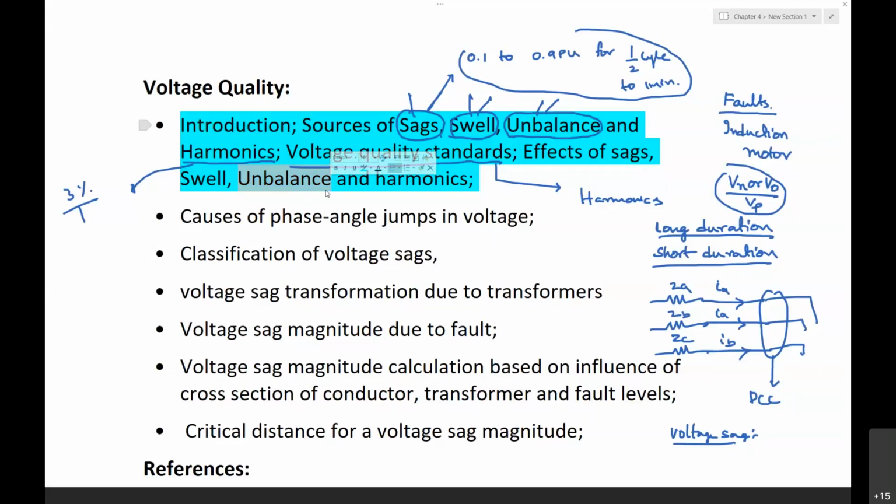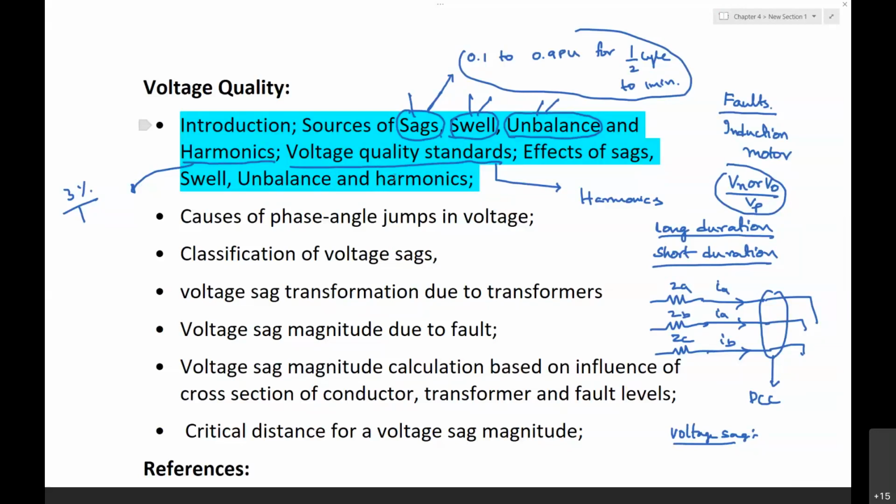And just now we were seeing about the harmonics also. When you have voltage harmonics, we have underutilization, and the overall power factor is going to decrease also. These are all sag and swell, unbalance, and harmonics affecting the voltage quality.